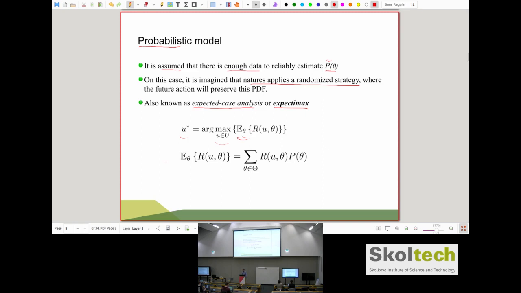So, the definition for discrete variables, and in this case our action space is discrete. We can write this as a summation.